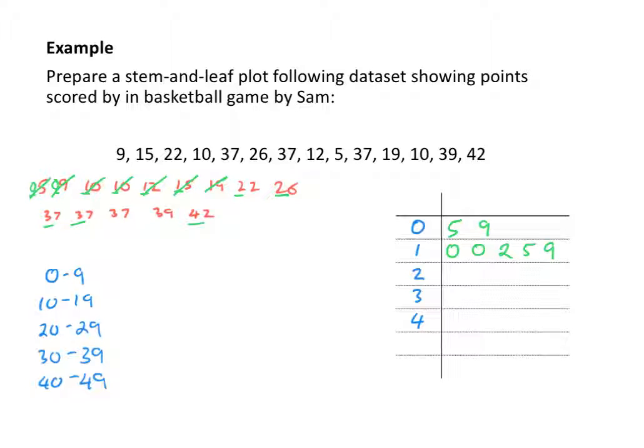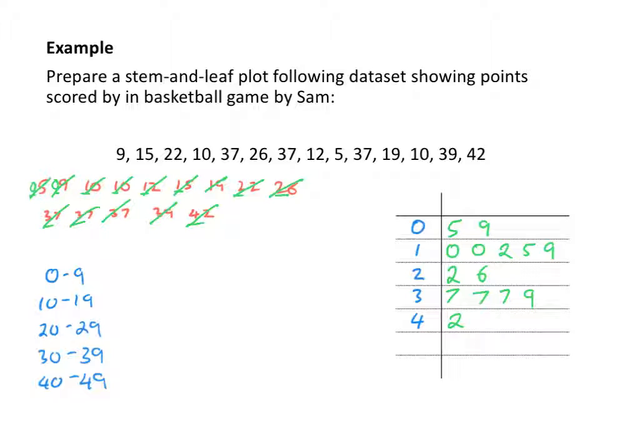And then moving on to my 20s, I've got a 22, so I placed a 2, and a 26, so I placed a 6 in my leaves. Moving on to my 30s, I've got 3 lots of 37, so I place 3 7s, and I got a 39, so I place a 9. And then in my 40s, I've got a 2.